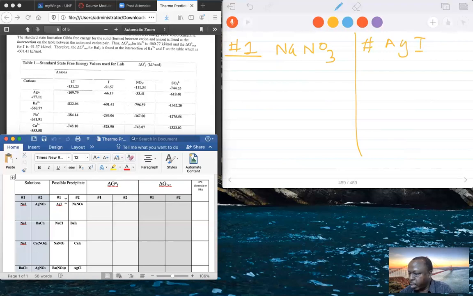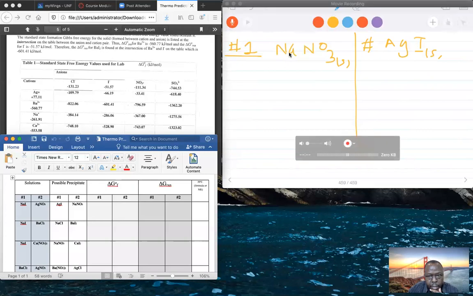We don't know which one is which. Remember to write the correct formula, and remember we're gonna write solid. It's a possible precipitate, so it's got to be solid. Even though you don't see it here, they are solid. These are aqueous, dissolved in water. That's why I'm giving concentration.